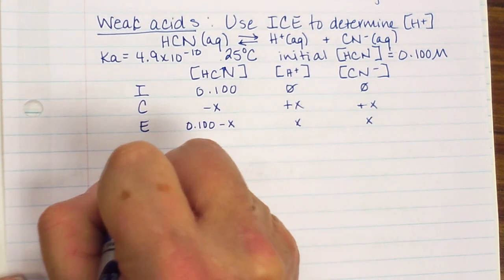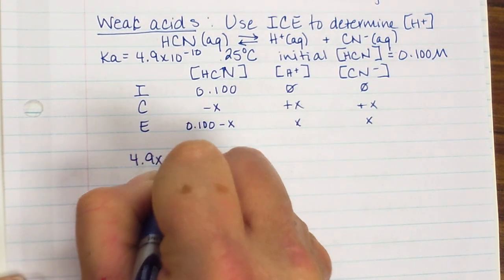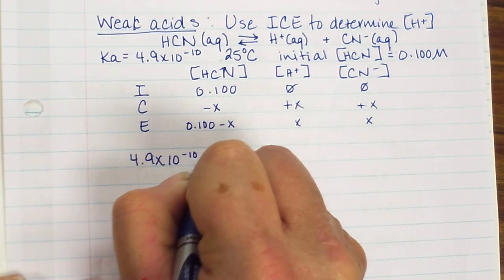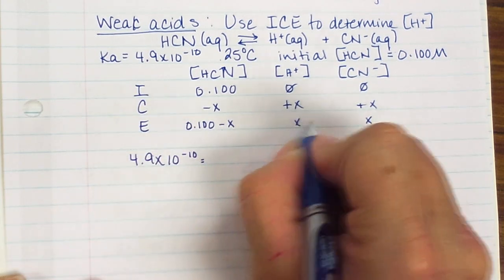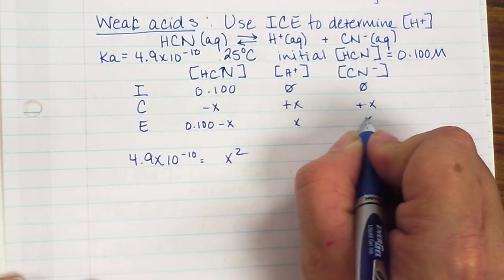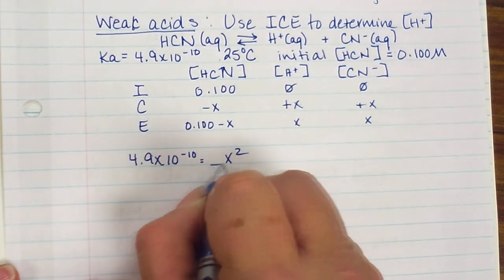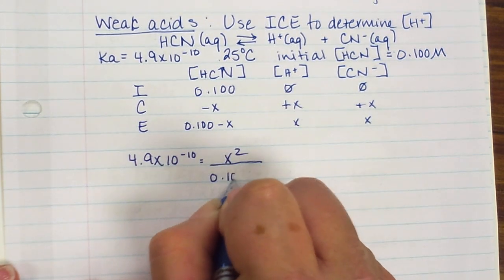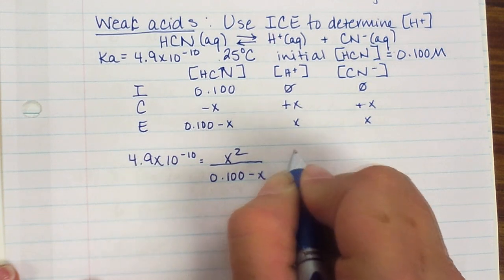So I'm going to say 4.9 times 10 to the minus 10th is equal to my x squared here, because of these two for my products, over 0.100 minus x.